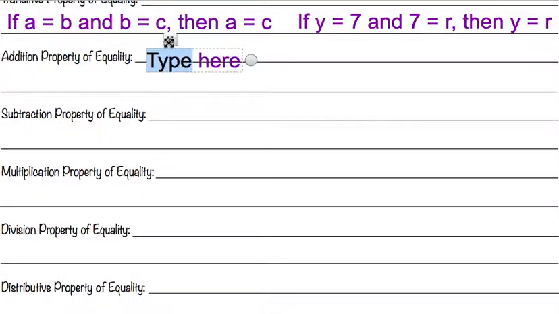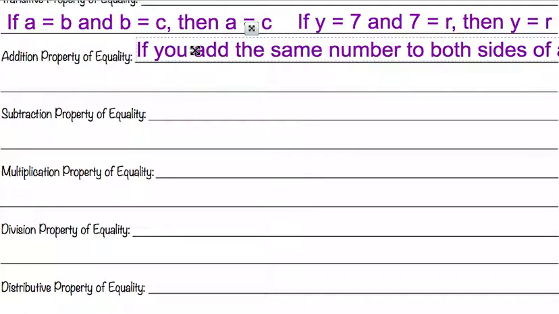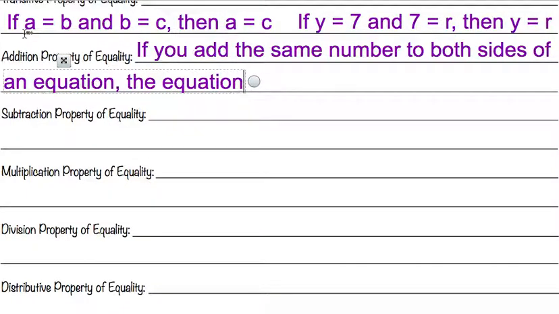So the addition property of equality states that if you add the same number to both sides of an equation, the equation remains true.